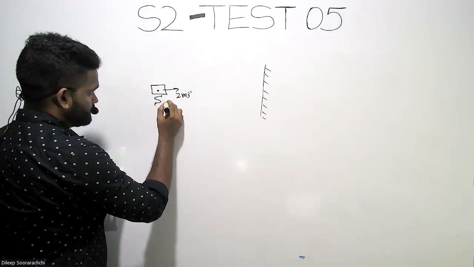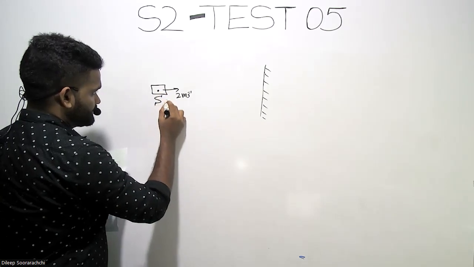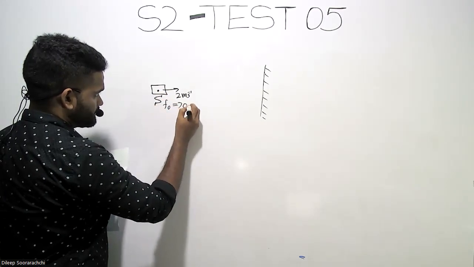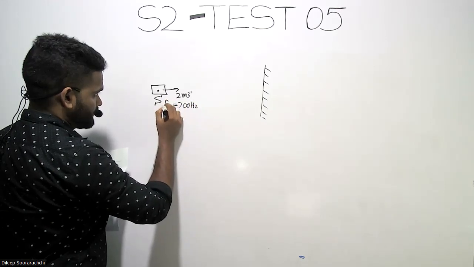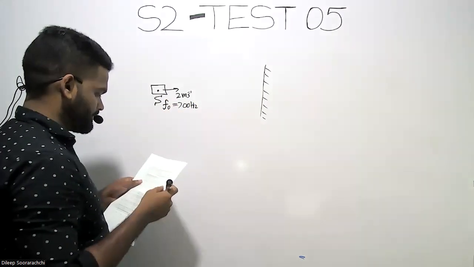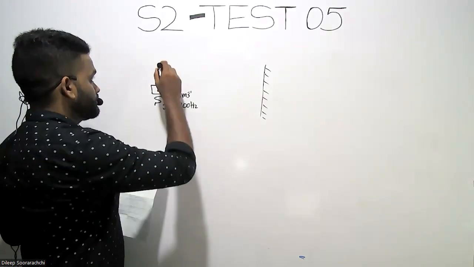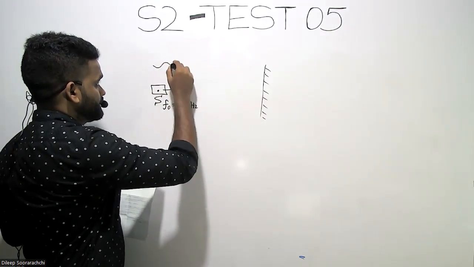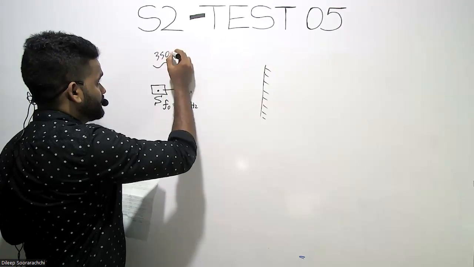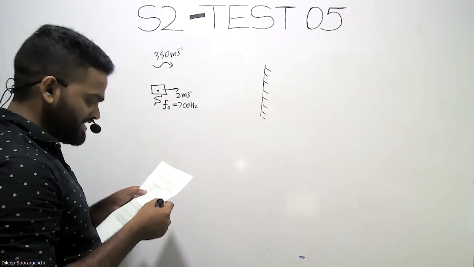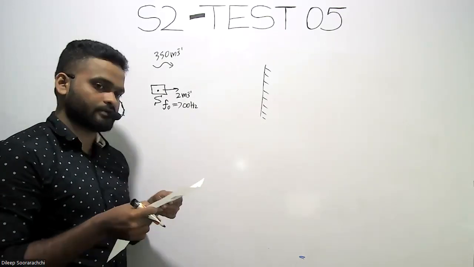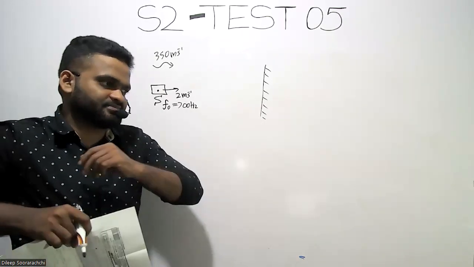The real frequency emitted by the ambulance is 700 Hz, the actual frequency, and the sound velocity is given as 350 meters per second. The beat frequency heard by the driver of the ambulance is.